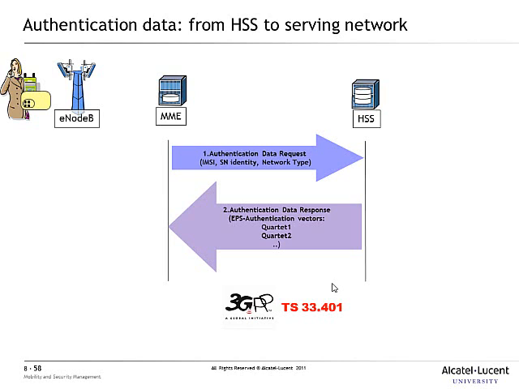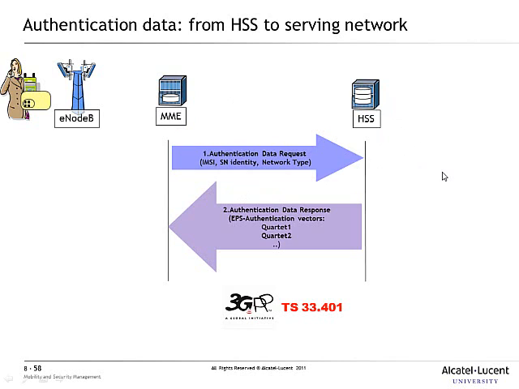In the case of authentication, whenever the MME receives a request from a UE, the MME goes to the HLR and says, okay, give me some information to authenticate the user.